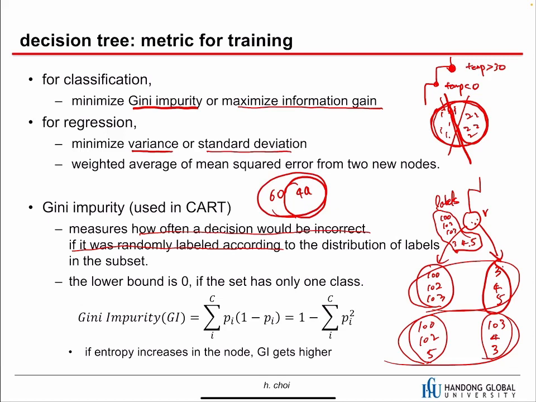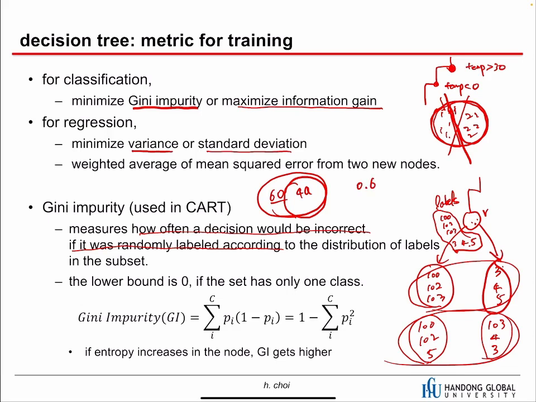Okay, then when we label these samples randomly, how often are we going to be incorrect? If we randomly select, then 60% of the time we're going to say orange.